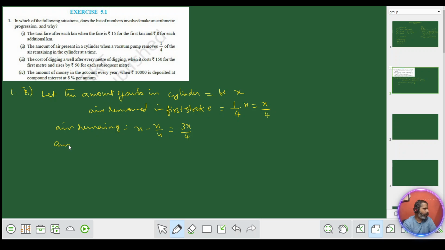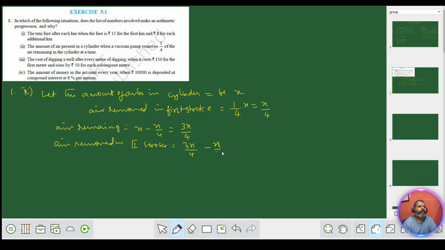So the air removed in the second stroke is 1 by 4 of 3x by 4. They said every time it removes 1 by 4 of the air remaining in the cylinder.